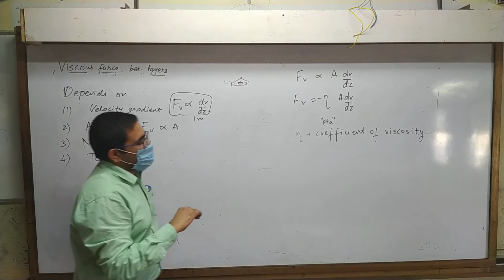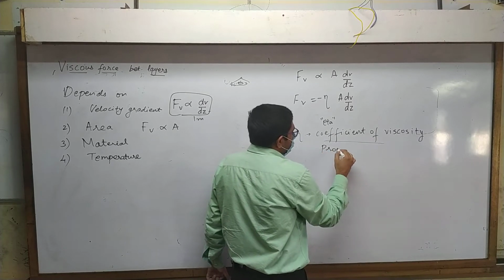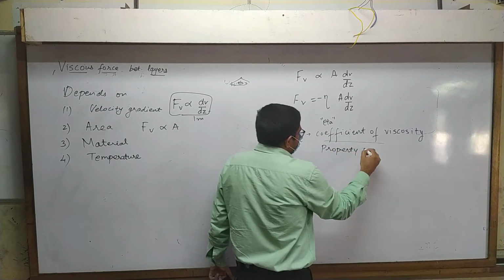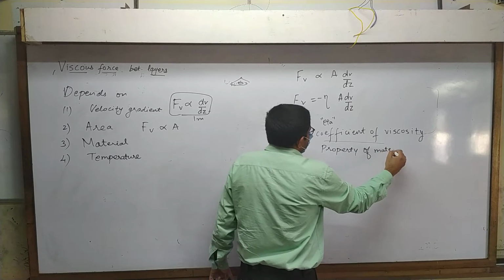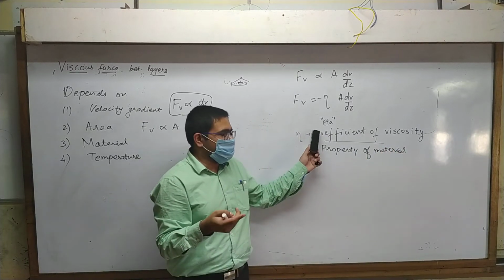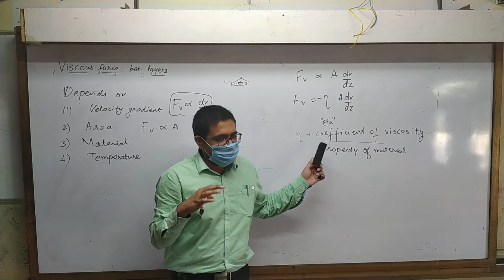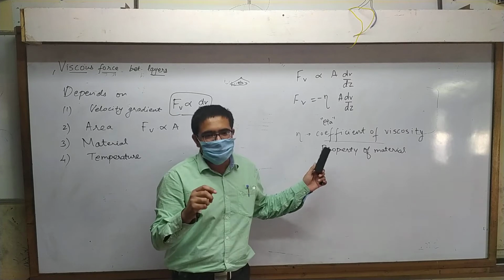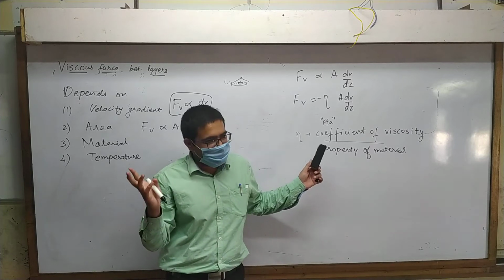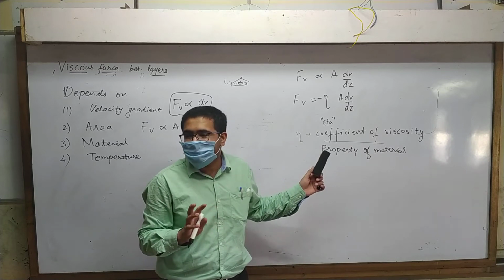This coefficient of viscosity is obviously a property of material. If it's water, then eta's value will be different. If it's oil, different once again. For every fluid, the value of eta will be different. Just like density is a property of a material.